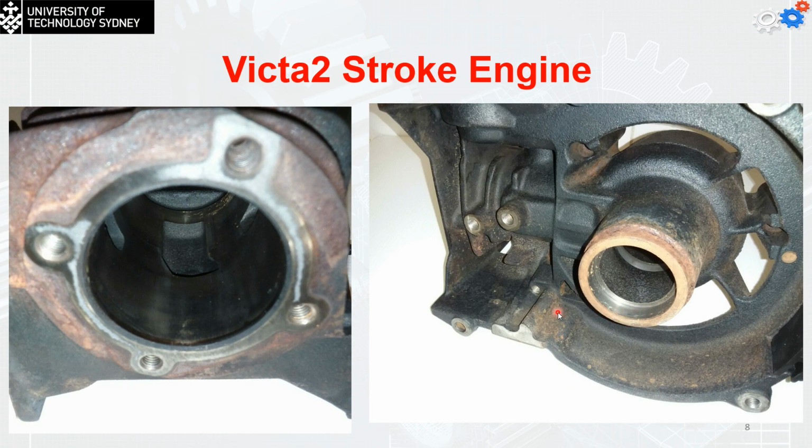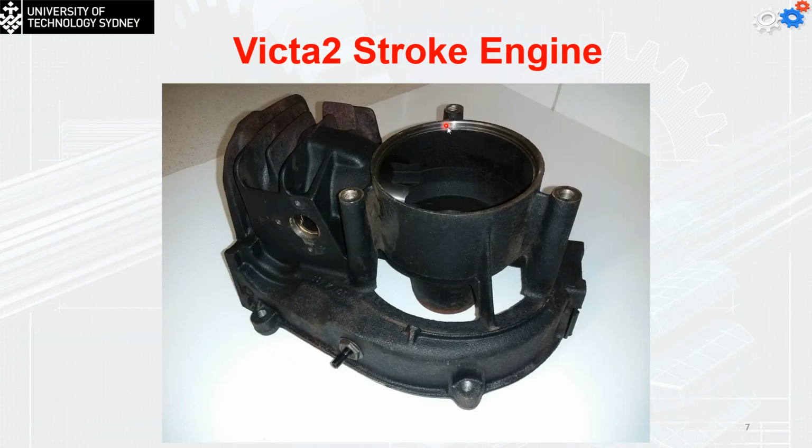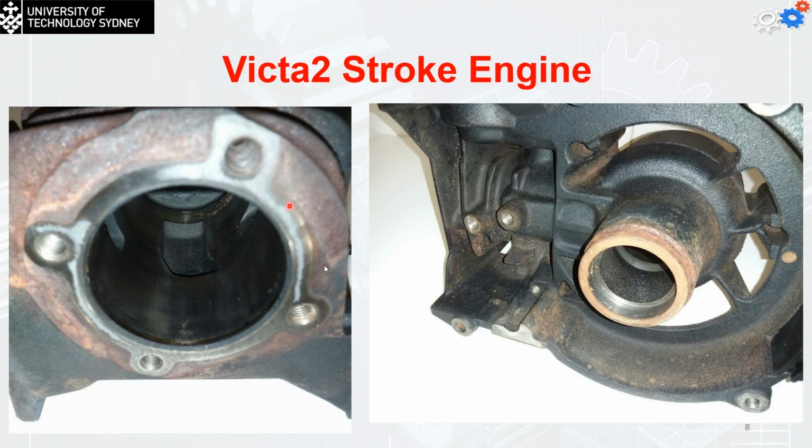So just remember that these surfaces, one, two, and three here, are going to have very high tolerances, while the location of the holes and the flatness of these surfaces also play a big role in making sure that this engine is going to work with very high efficiency.